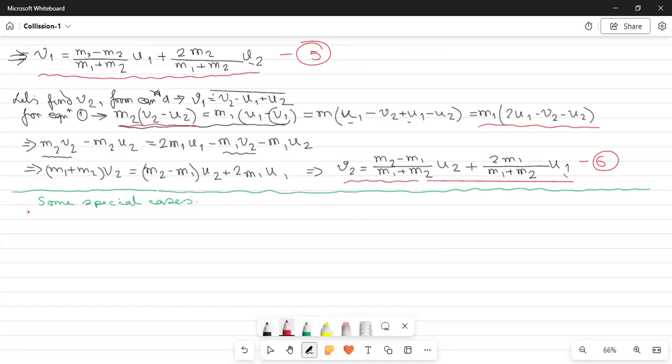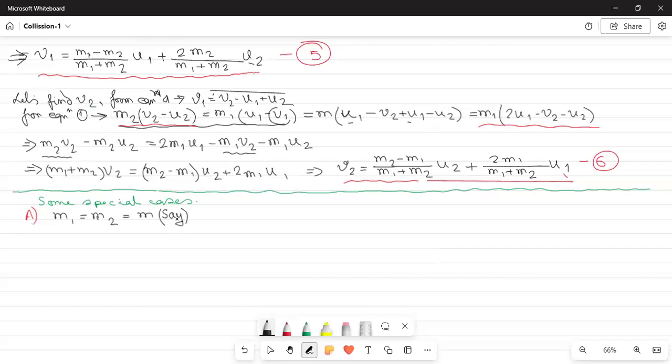Let us take special case A, when both bodies m1 and m2 are the same. It happens very often when you try to solve your numerical problems. The two bodies are of same mass, let us say both of them are equal to m.